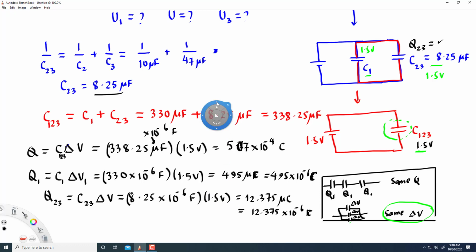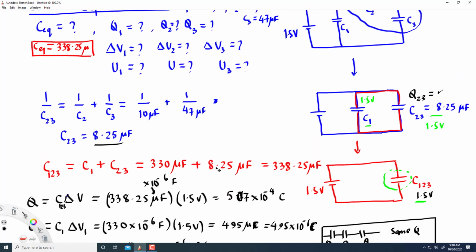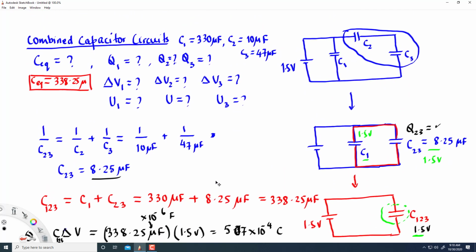Now we need to go one step up. We got the charge on this one, Q1, and the charge on that one. So we want to go one step up. These two combine to form this one. They are in series and they combine to form that. That means whatever charge you have here, the same charge will also be on the constituent ones.